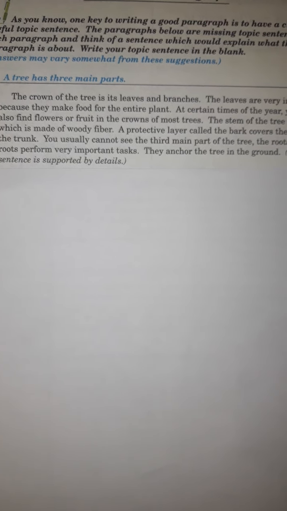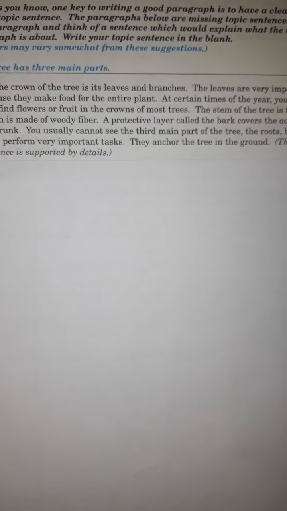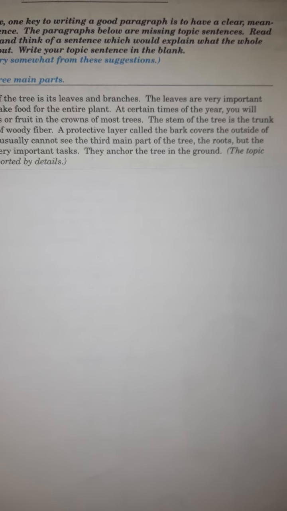At a certain time of the year, you will also find flowers or fruits in the crowns of most trees. The stem of the tree is the trunk, which is made of woody fiber. A protective layer called the bark covers the outside of the trunk. You usually cannot see the main part of the tree, the roots, but the roots perform very important tasks. They anchor the tree in the ground.